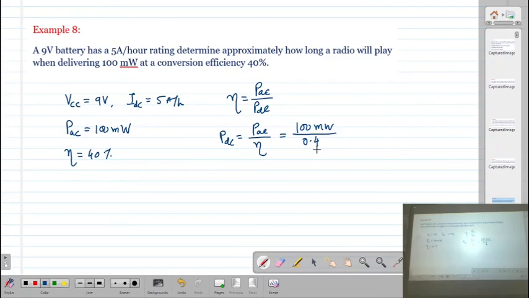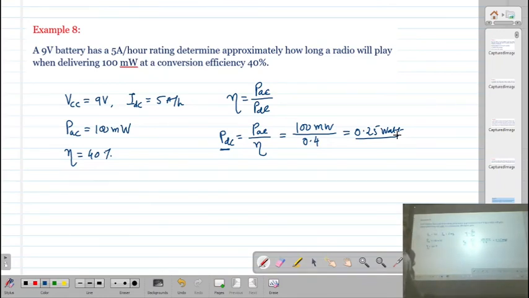The required DC power will be 0.25 watt. So in 1 hour, the radio is going to consume 0.25 watt of DC power.